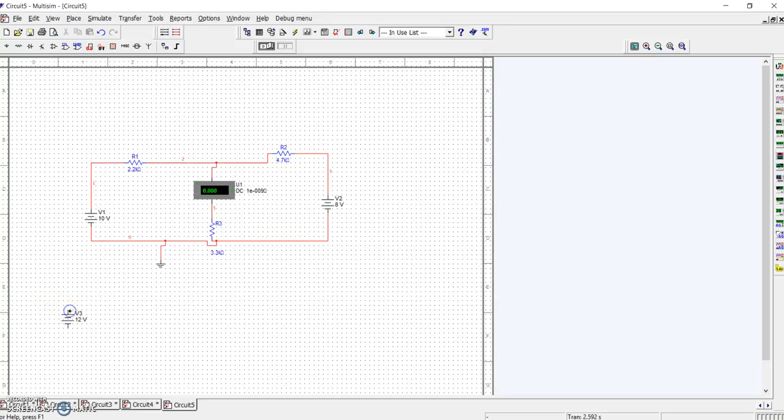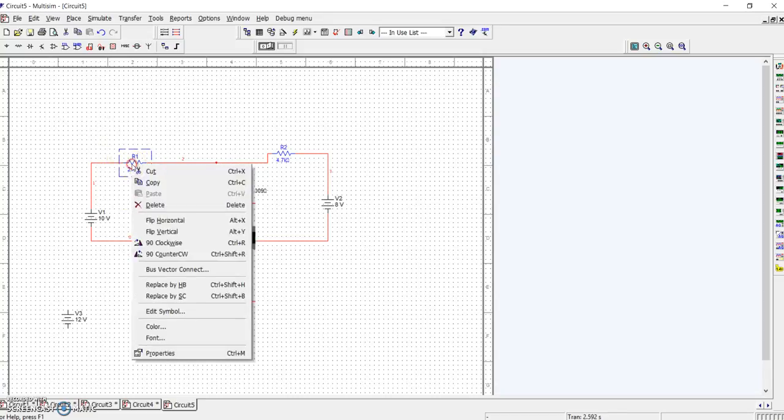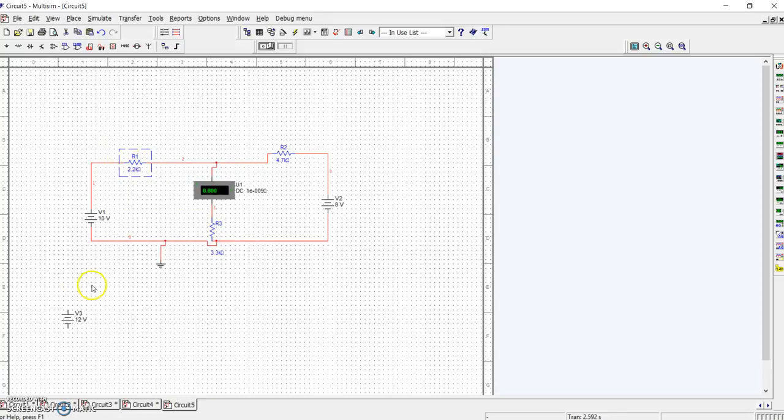A 10 volt voltage source in series with 2.2k. You can copy this resistance with Control C and paste with Control V, again Control C, Control V, that is copying and pasting the resistance.